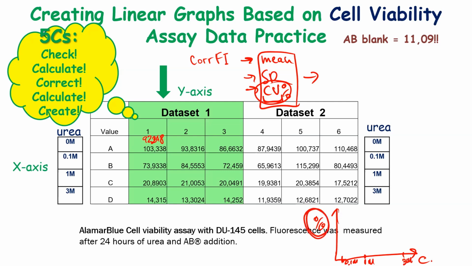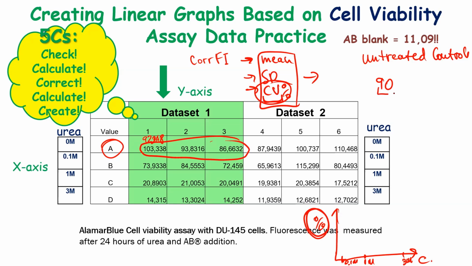Okay, so how do you calculate this? You take row A as the untreated control, and you obtain its mean. The mean here is about 90 units of intensity. Of course, you have 100% at 0 because it's the maximum you could achieve for this particular measurement.